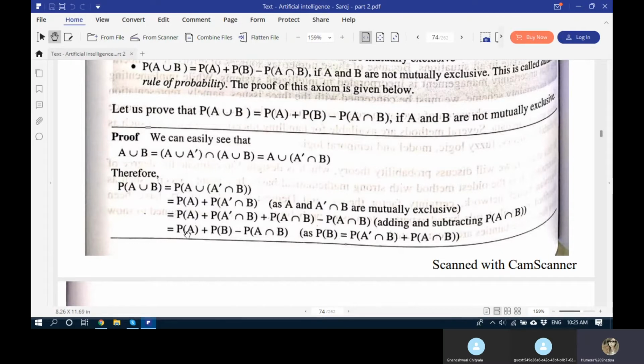And then P of A plus P of B minus P of A and B, because of this rule: P of B equals P of A complement and B plus P of A and B. If you substitute this for P of B, then you get P of A plus P of B minus P of A and B.